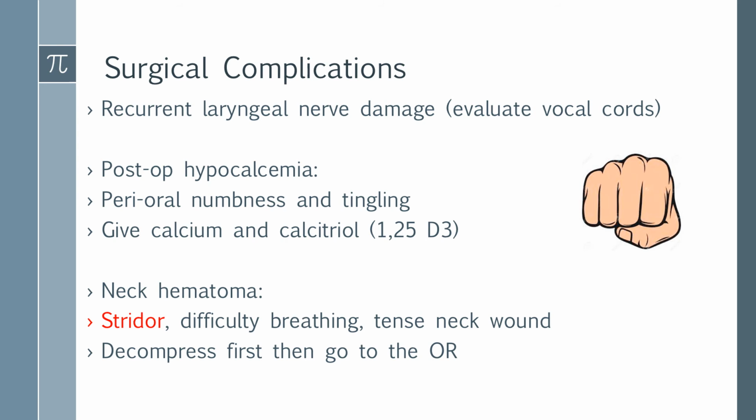Another common, worrisome, and high-yield complication that you should know is post-op hypocalcemia. We discussed this in our parathyroid lectures. So what can happen is you could damage the blood vessels to the parathyroid or damage the parathyroid glands themselves and give yourself a very dangerous hypocalcemia. How would they tell you if the patient has perioral numbness, tingling, muscle spasms? What do you want to do? You could measure PTH, obviously, but before you do that, you give the calcium and you give calcitriol.